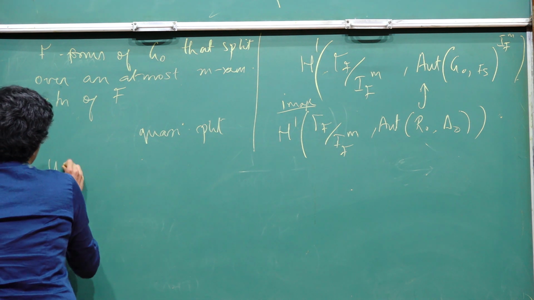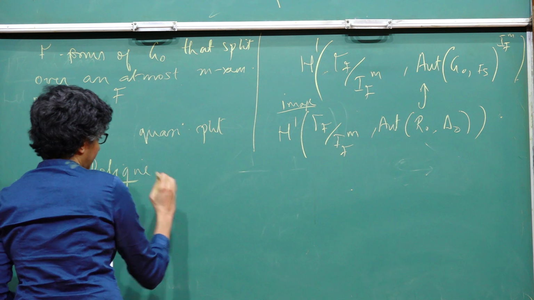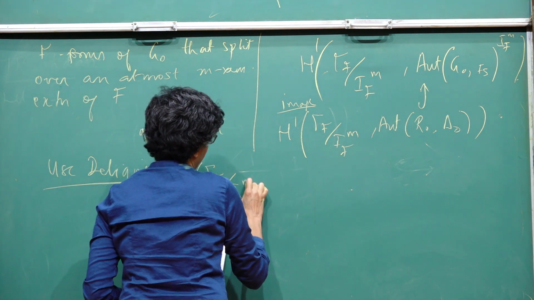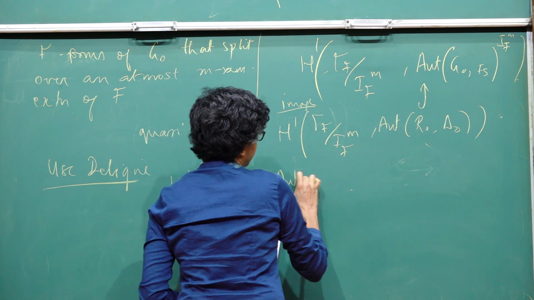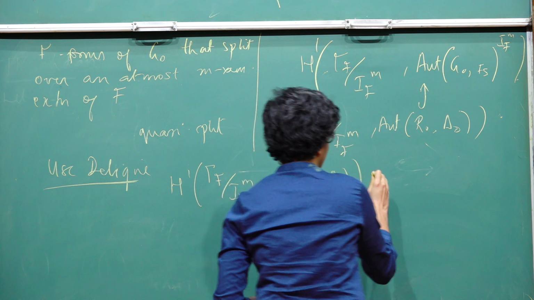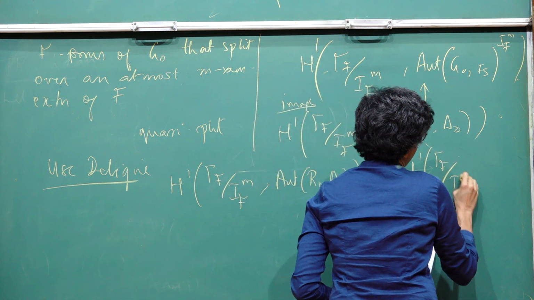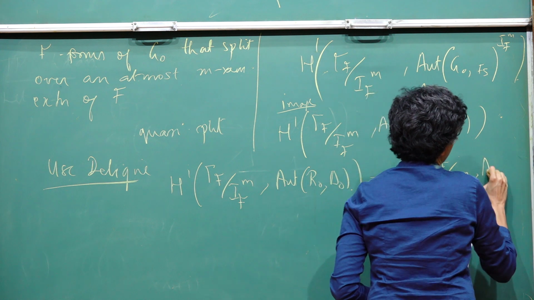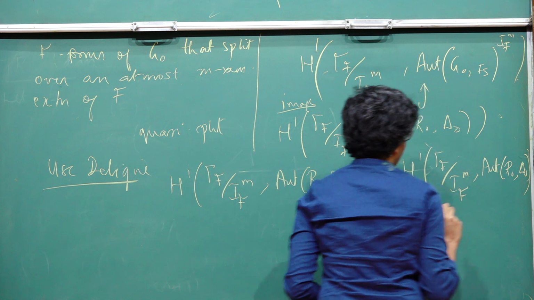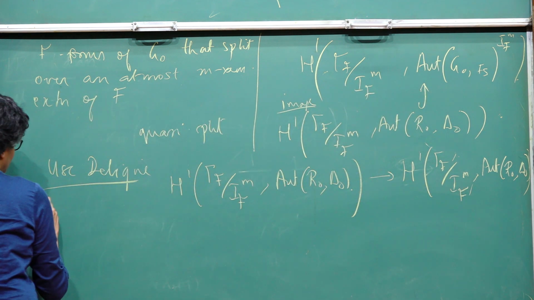So use Deligne to show that, and you can look at this over the field as well. Okay, so F prime, and here F and F prime are M-close.